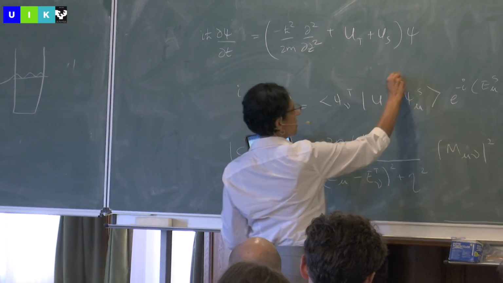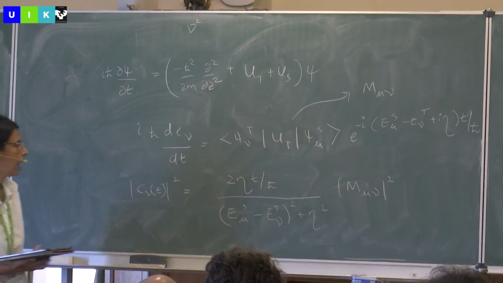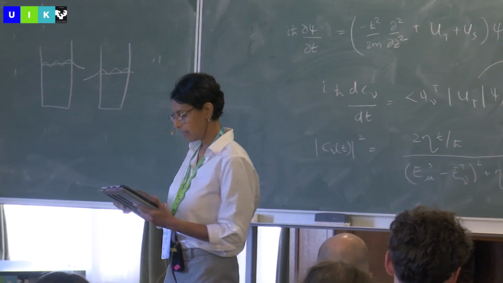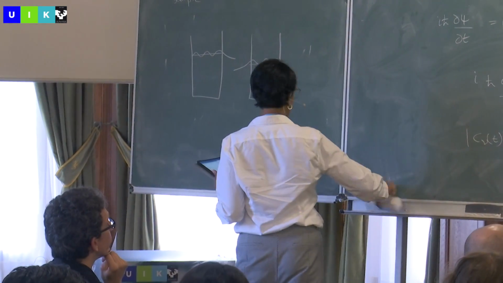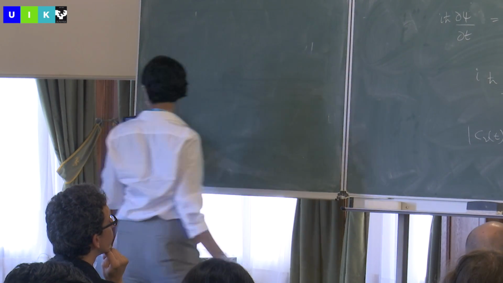where this is the matrix element M mu nu. And so the tunneling probability is just the derivative of this.